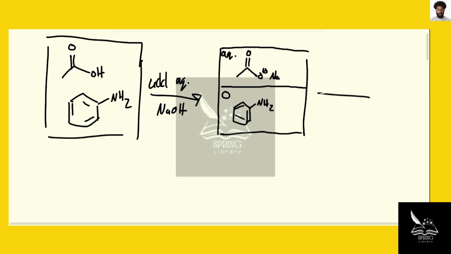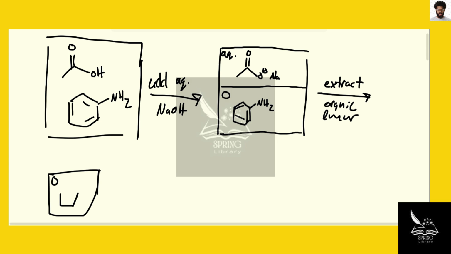And we can extract the organic layer. Okay, so now we'll have our organic layer of purely aniline, so we're saving that off to the side.